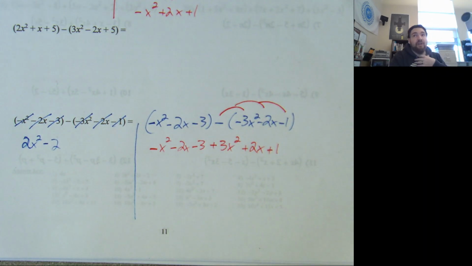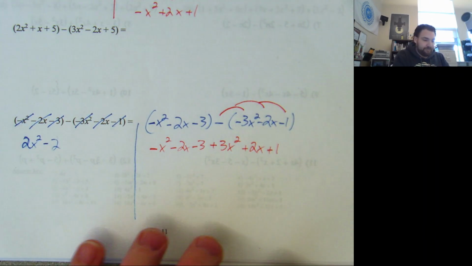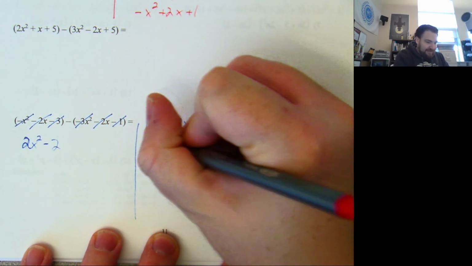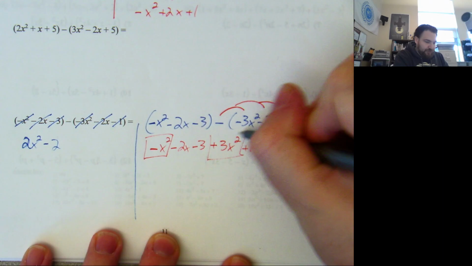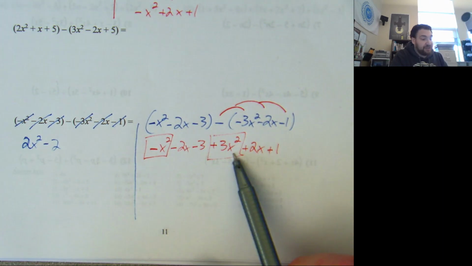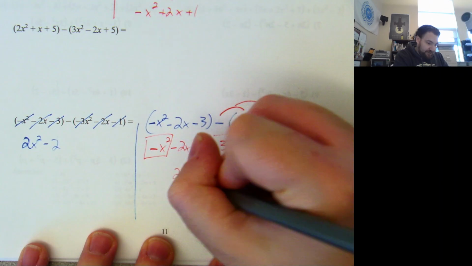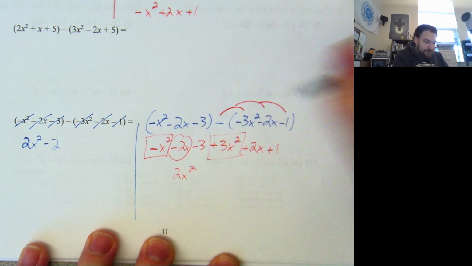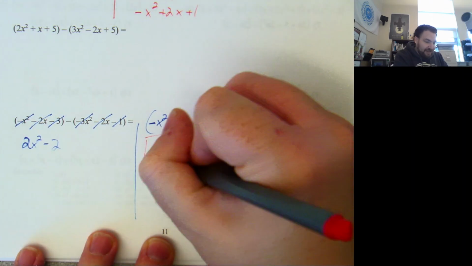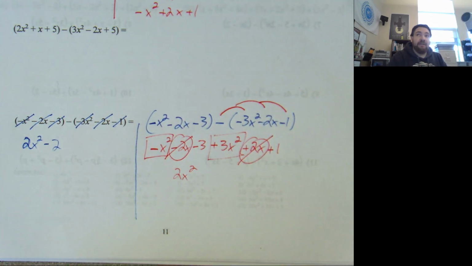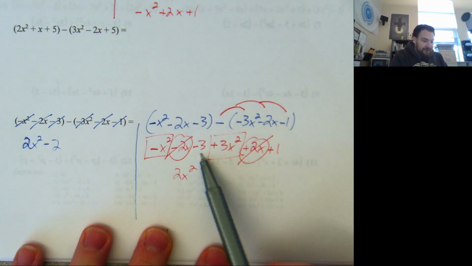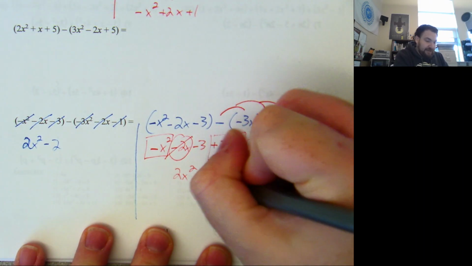And now I'm just going to group our like terms. Negative x squared plus 3x squared, 2x squared. I've got a negative 2x plus 2x, 0. Those are gone. And I've got negative 3 plus 1 is negative 2.